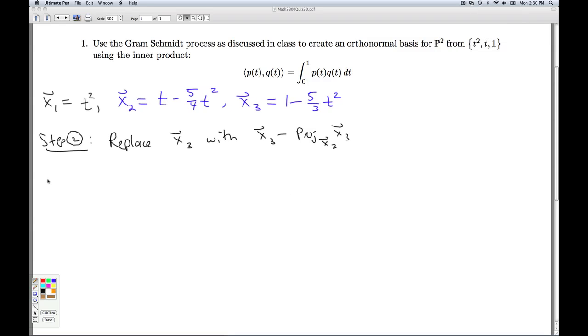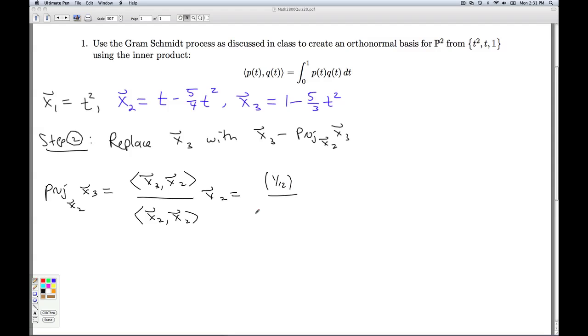Okay, so we have all the ingredients now to get the projection of x3 onto x2. By definition, this is the inner product of x3 with x2 divided by the inner product of x2 with itself times x2. The inner product of x3 with x2 we found to be 1/12.